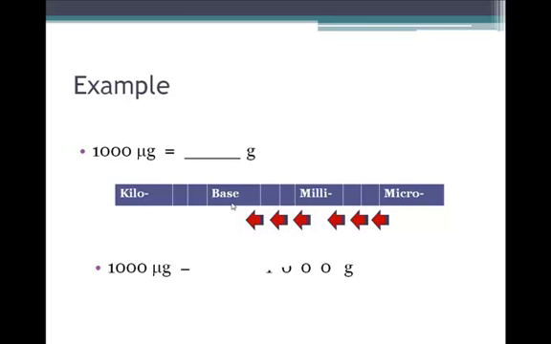Given that we have our 1,000 micrograms, we take our decimal point, which is after the last 0, and we move it 3 units. You get 1, so 1 milligram is equivalent to 1,000 micrograms.